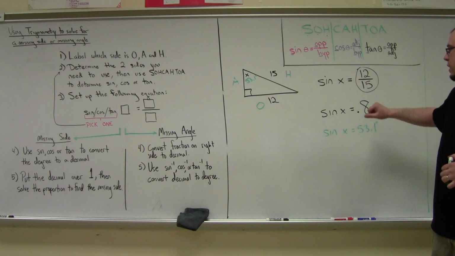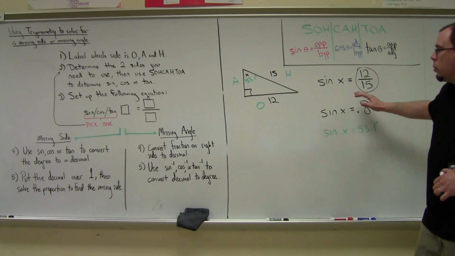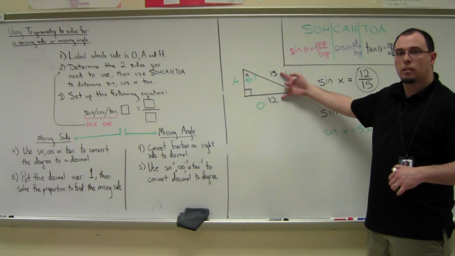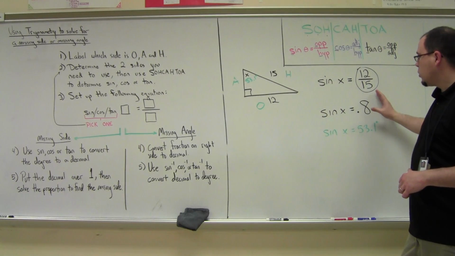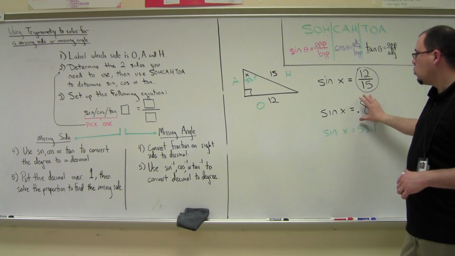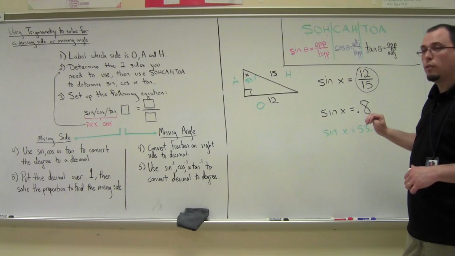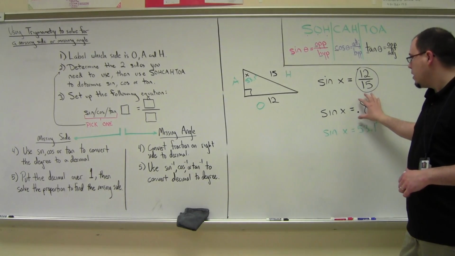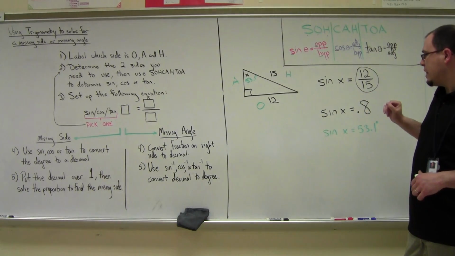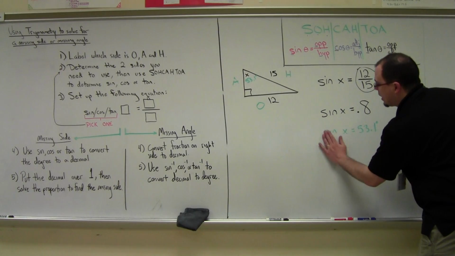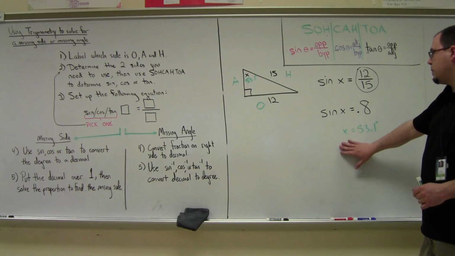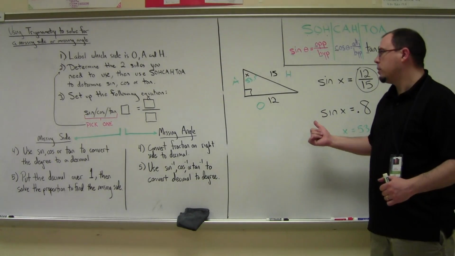The whole point of this is to find out what decimal we get that represents the ratio of the two sides that we know, and then work backwards to find what degree is equivalent to that decimal. So we're converting our decimal to a degree, and that's what we're doing when we take the inverse of sine. So we wouldn't have sine x anymore, it would just be x. X would be 53.1 degrees.